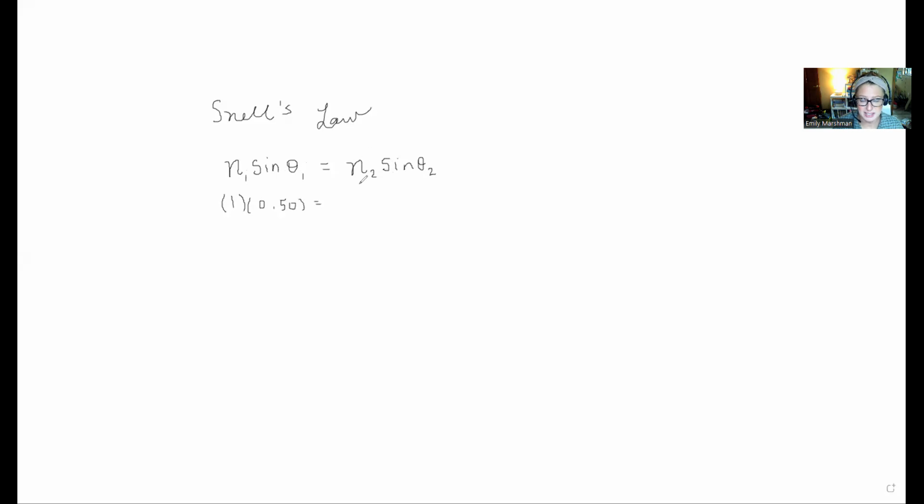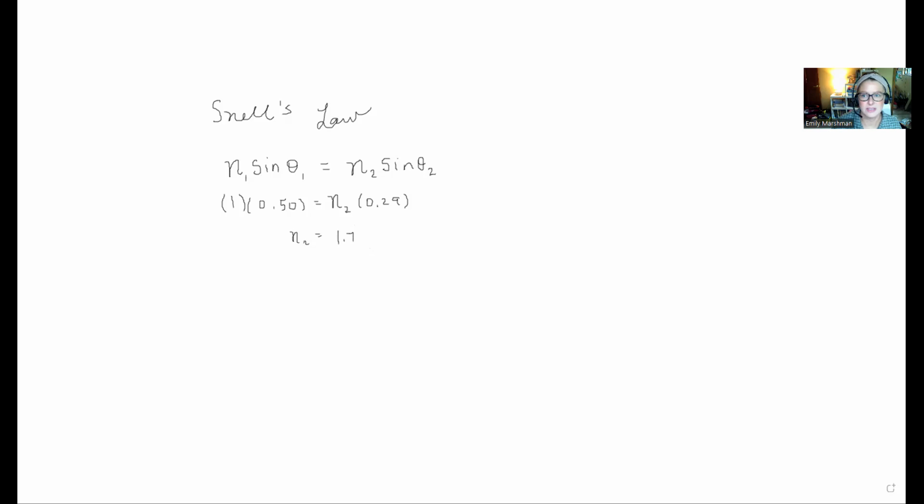N2 is what we are trying to determine. And sine of theta 2 was 0.29. Let's solve for N2. 1.7. So it's not exactly right.